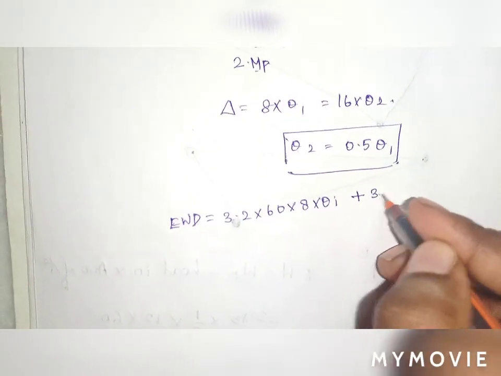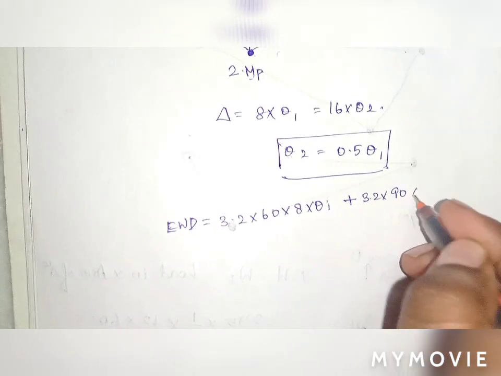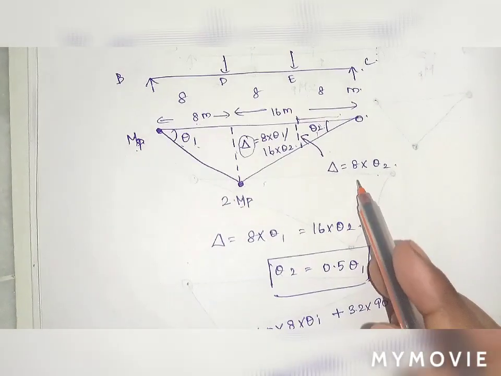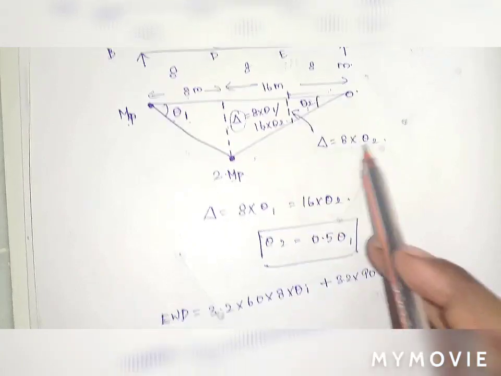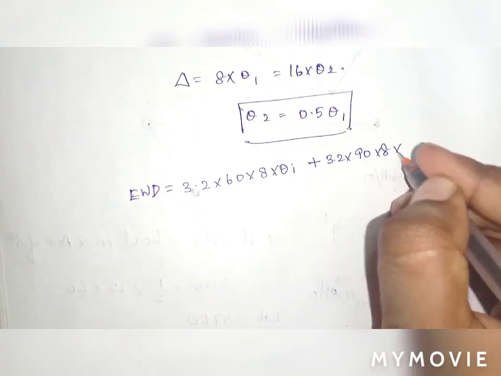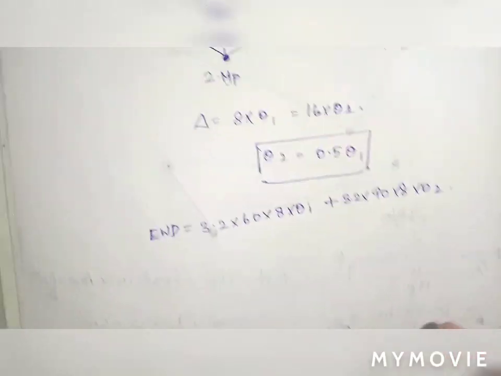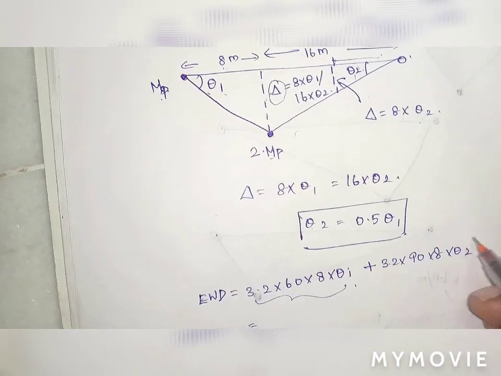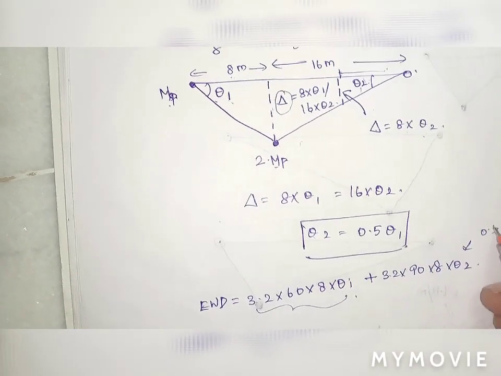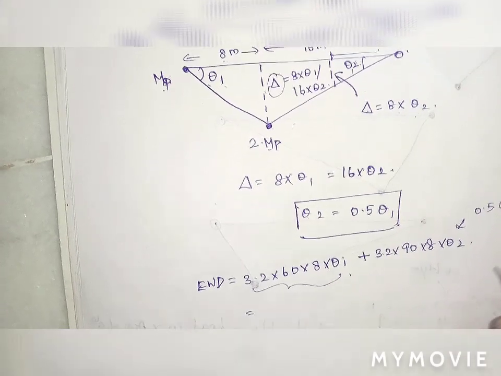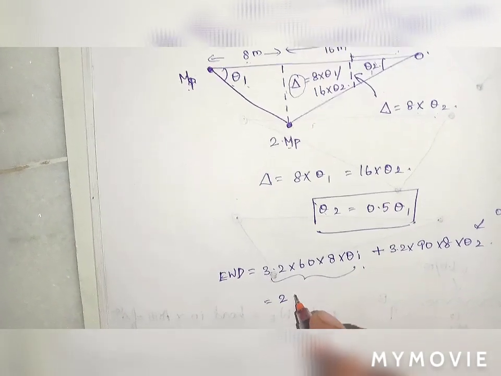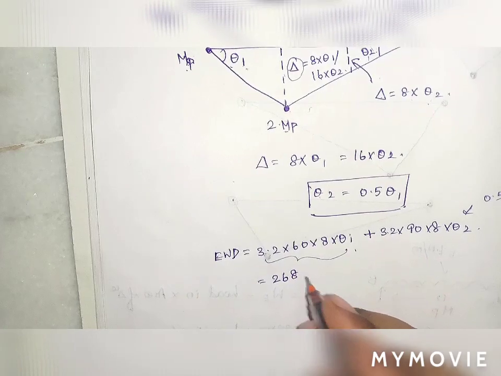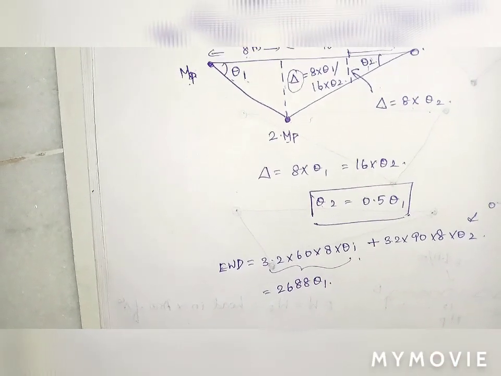Plus the next load, that is 90. 3.2 into 90 into the corresponding deflection is equal to 8 into theta 2. 8 into theta 2. So substitute the values of theta 2. So we can calculate this, and here substitute theta 2 is equal to 0.5 theta 1. Hence you will be getting the value as 2688 theta 1.